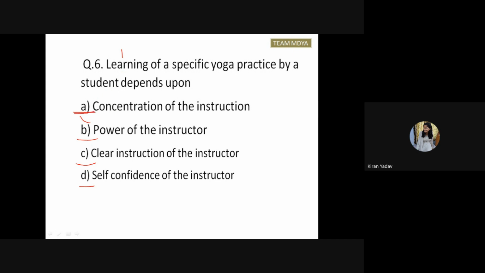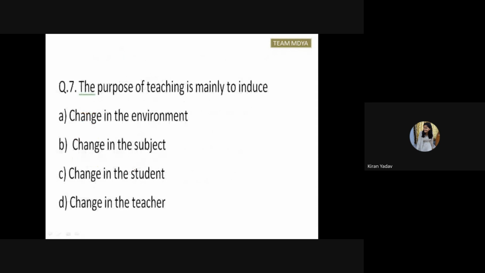Option A, it does not depend upon concentration of the instructor, neither on the power of the instructor. So if the teacher is instructing in a clear way, then students, learners will be able to do it in a good way. So it depends on this only. Neither does it depend on self confidence of the instructor.